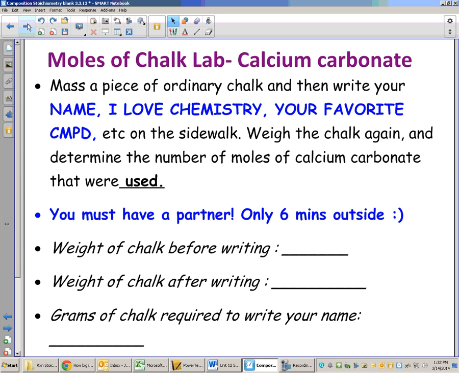So you're going to go out, you're going to write your name, I love chemistry, Miss Emma's cool, whatever you want to write, on the sidewalk, nothing horrible, please. People will see this. Teachers will see this. So we're going to figure out how much calcium carbonate we used in grams, then you're going to convert it to moles and particles. Easy lab grade. Got it? So you have to mass first, so then when you go out there, you scratch it all up, and then come back here and mass it again.